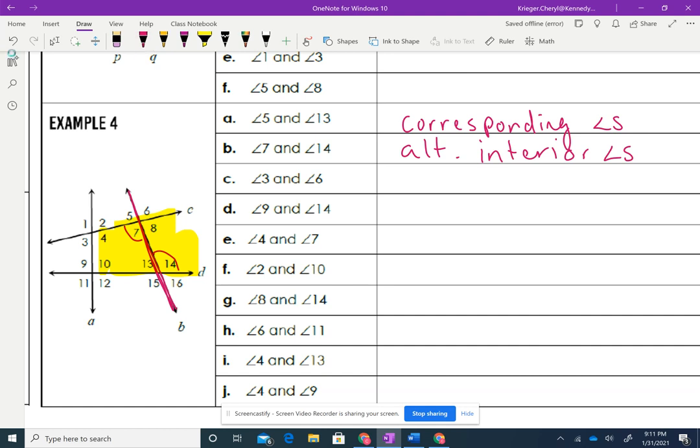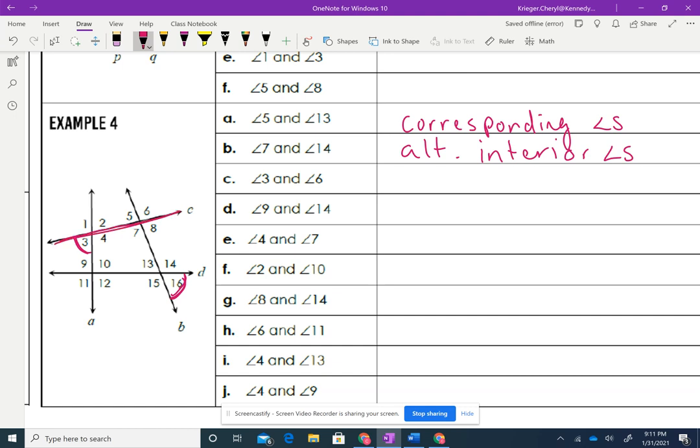All right, 3 and 16. Angle 3 and angle 16. Okay, so you ask yourself, where's my transversal? Well, you can see here, they're both below C and D. They alternate C and D, but there is no actual transversal, right?